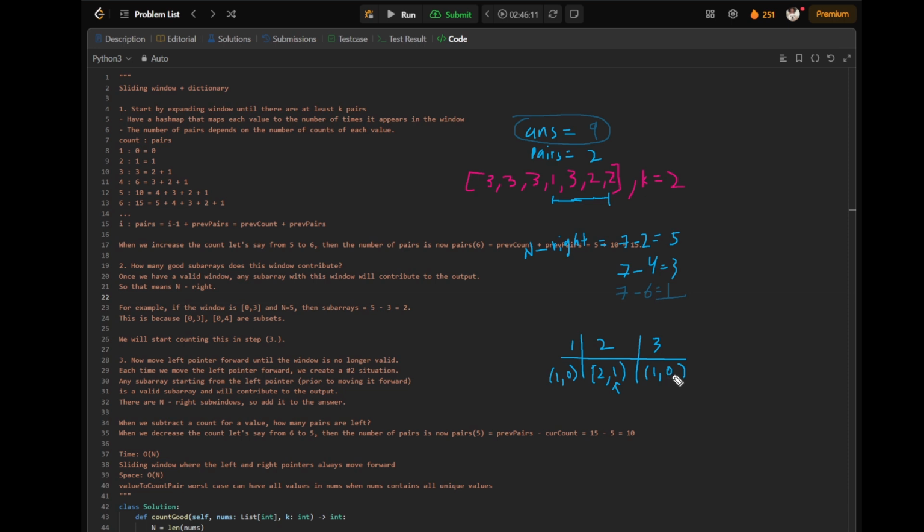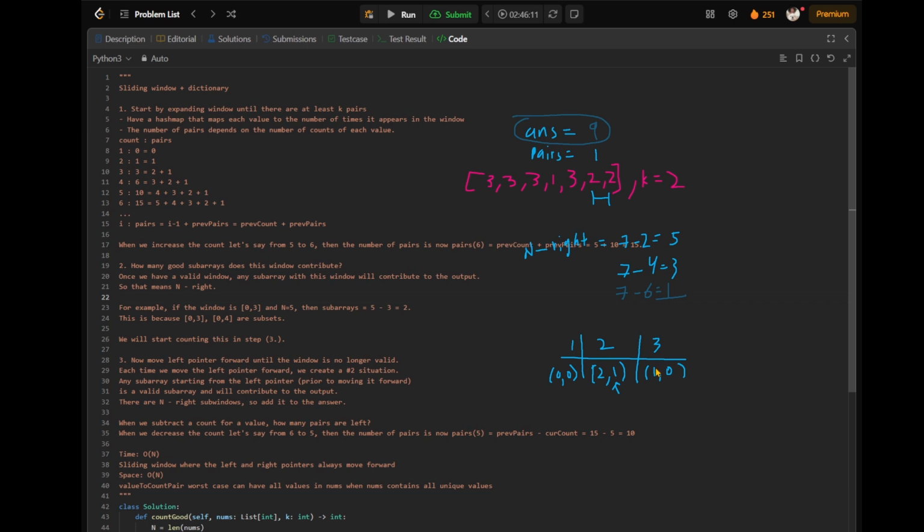We went from 1 pair to 0 pair. So therefore, we have pairs 2 and it becomes minus 1. We subtract 1 from it, so it becomes 1. And this is still an invalid window. As we move forward, remove the 1, so this becomes 0, and move the 3 forward.